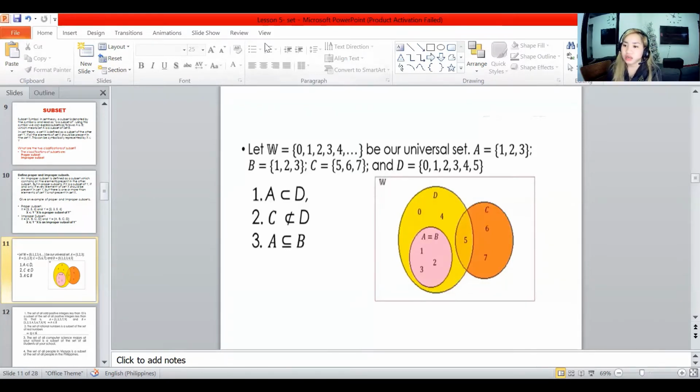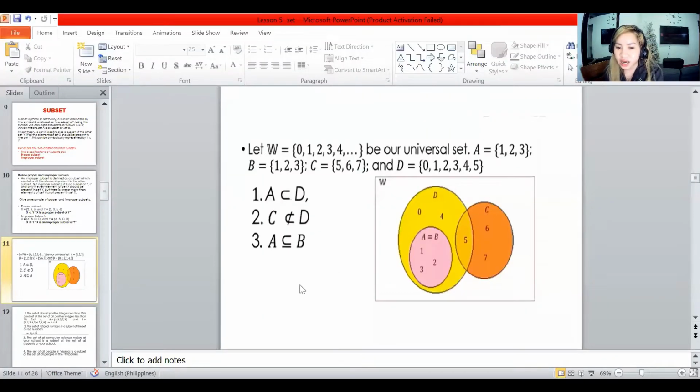So, number 3, example, we have A is an improper subset of B. So, si A daw is improper subset ni B. Bakit po naging improper subset? Sabi natin kanina, ang meaning ng improper subset kapag po equal yung elements ni set X sa elements ni set Y. Equal talaga sila, walang sobra or wala isa o dalawang sobra.